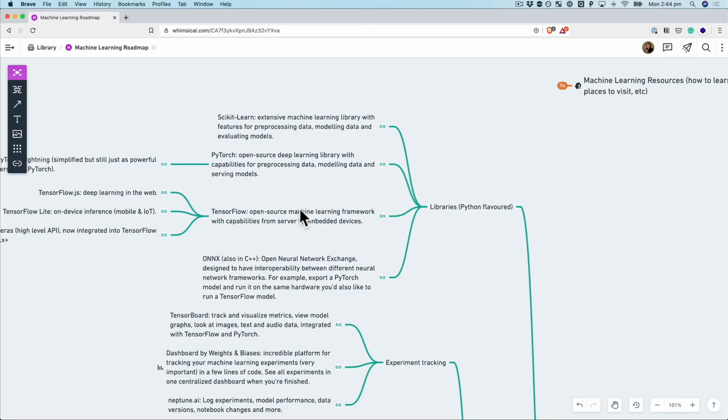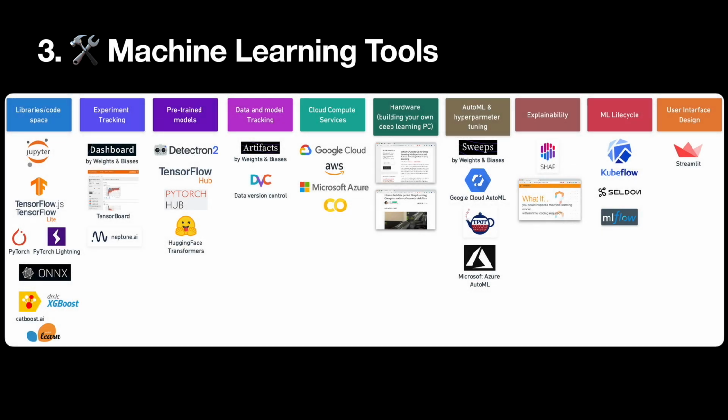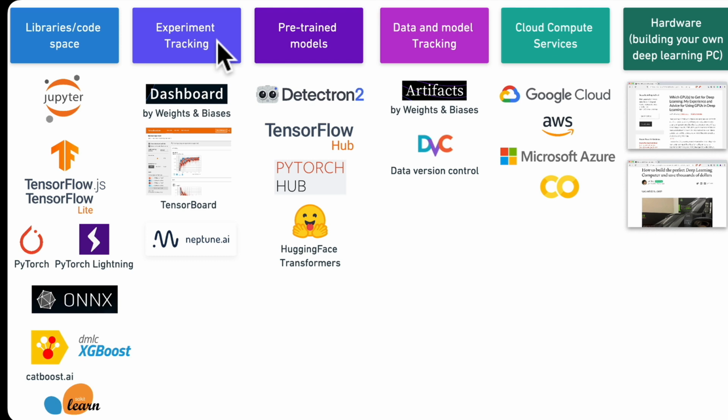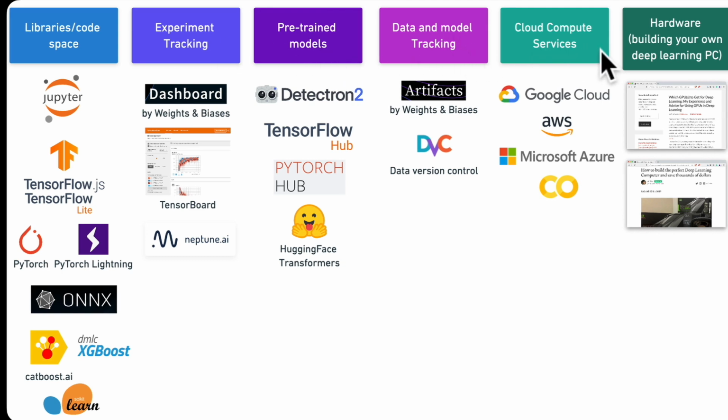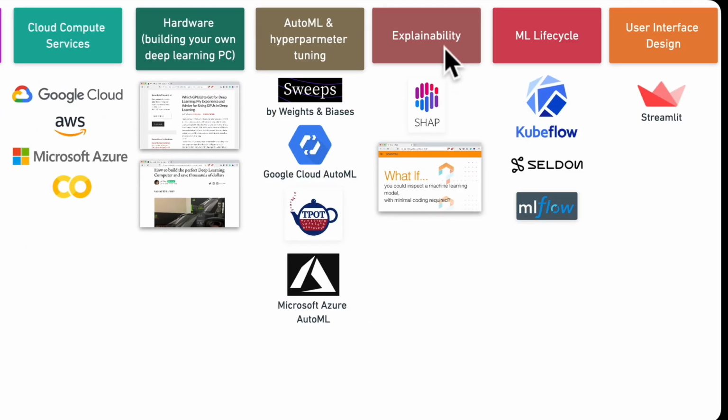Let's go back to the little bit of a presentation. And we have another very colorful diagram that has been broken out into some sections. We've got libraries, code, code space, experiment tracking, pre-trained models, data and model tracking, cloud compute services, hardware in case you wanted to build your own deep learning machine rather than using a cloud compute service, AutoML and hyperparameter tuning, explainability in case you wanted to get insights.